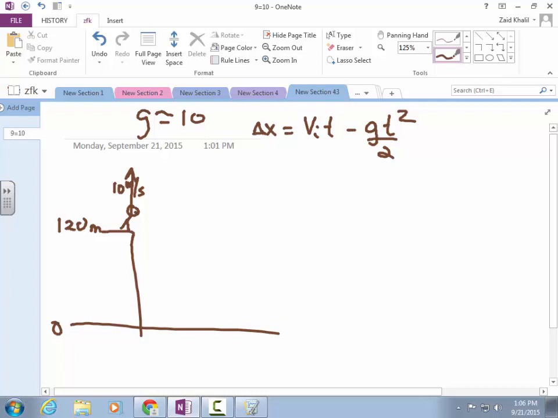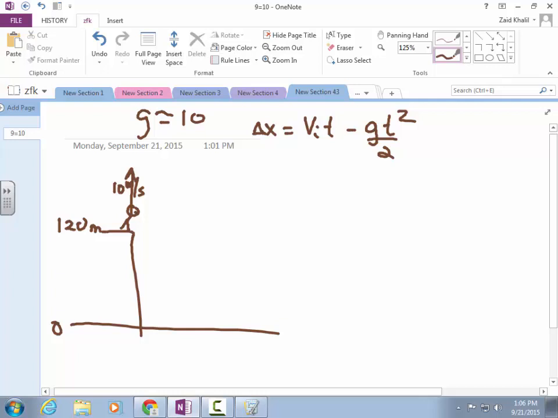Well, this is when you tell me, no, stop this. I can't infer this. I need definitions. What's the definition of displacement? What does delta x mean? Change in position. What does that mean? Change in position means final position minus initial position. What's the final position? 0, right?